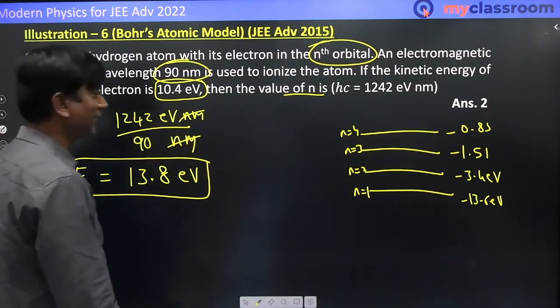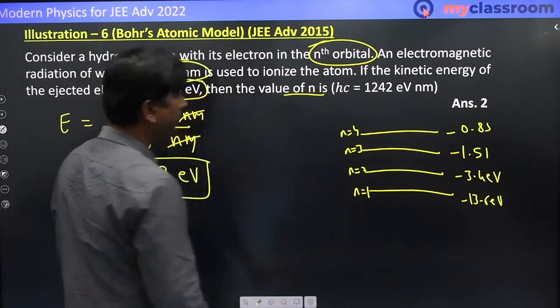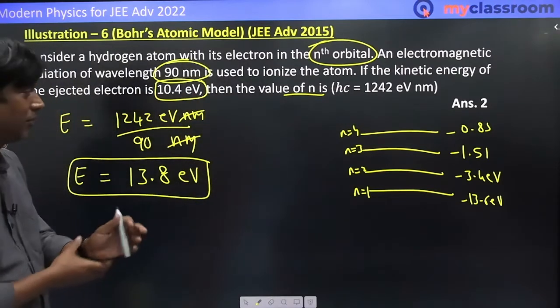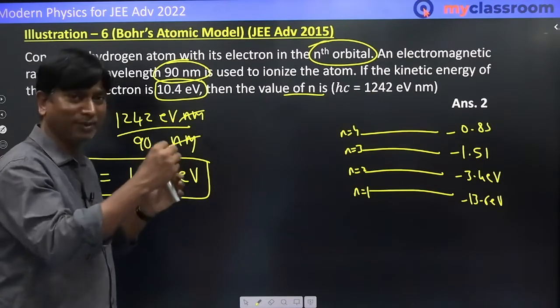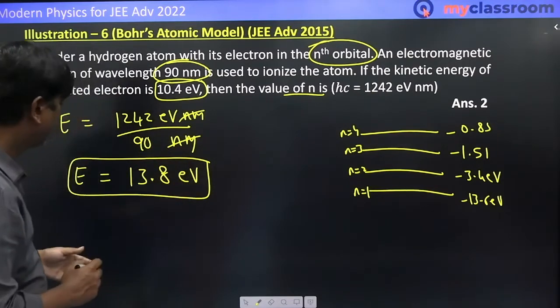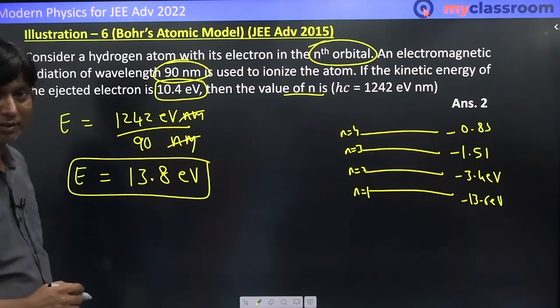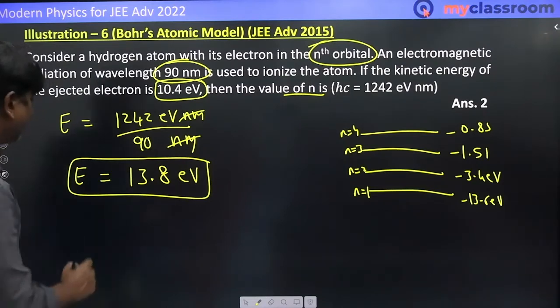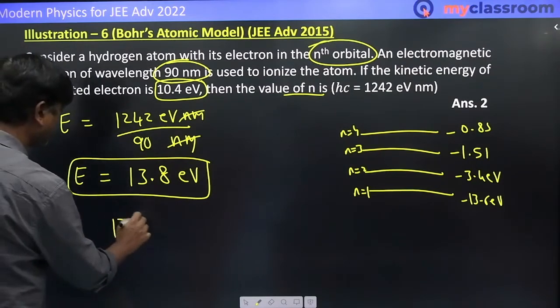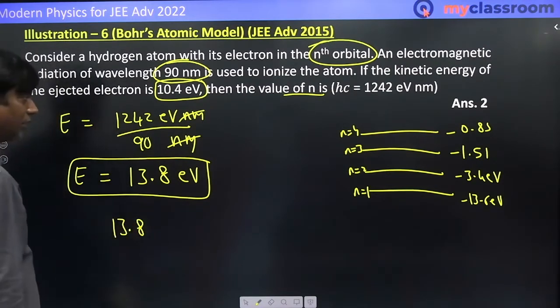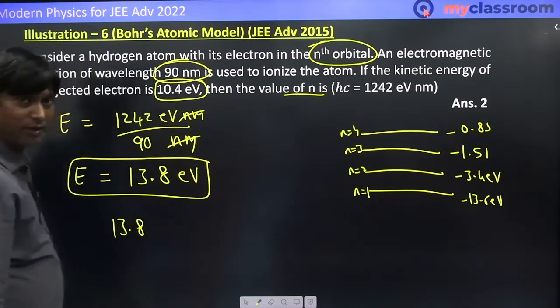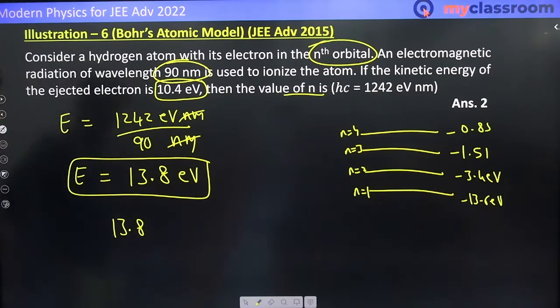Now let us say some n value we don't know. The electron already has some energy, to which you are adding this 13.8 electron volts. The electron is in some nth orbit and in the nth orbit it has some energy.